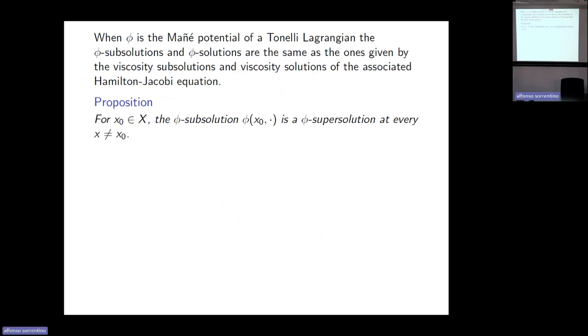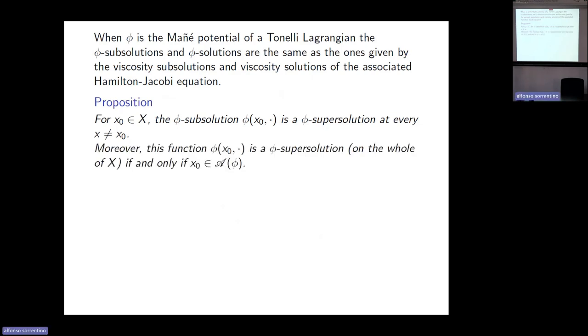And of course, you have the same kind of thing: for x0 in X, the phi subsolution phi of x0, dot, is a phi supersolution at every x different from x0. In fact, we proved it's a phi solution at every x. And it's a phi supersolution on the whole of X if and only if x0 is in the Aubry set. It's the same proof that we did in lecture 3.